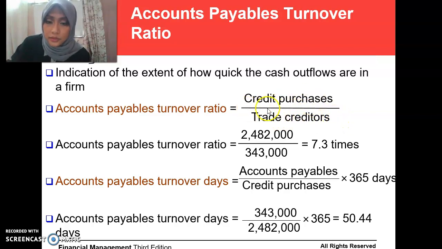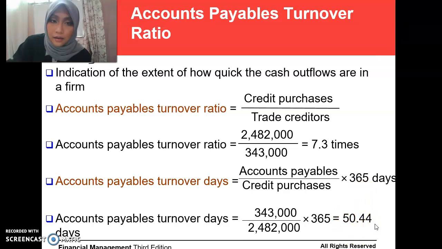Credit purchase over trade creditor, you will get 7.3 times. Then account payable turnover days, account payable over credit purchase. Usually in the question, they also give the credit purchase times 365 days. So you will get 50.44 days.